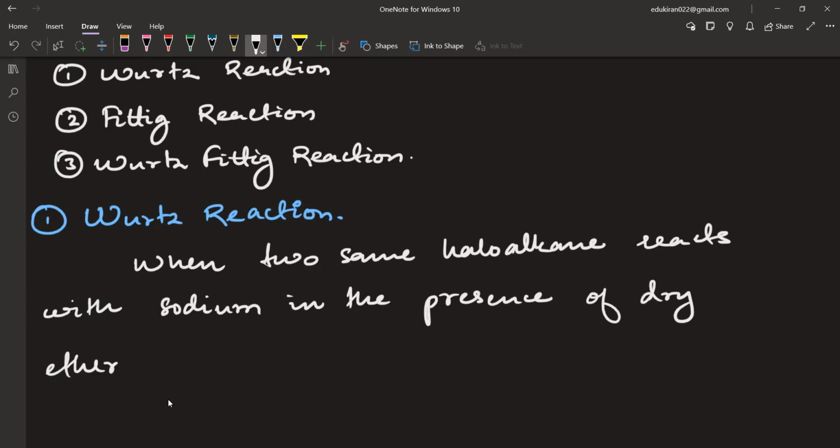You know why? Because you must have learned in 9th, 10th or 11th standard that if you add sodium into water, it will be explosive, right? That is why we use dry ether without any presence of water. Dry ether, they form alkanes.